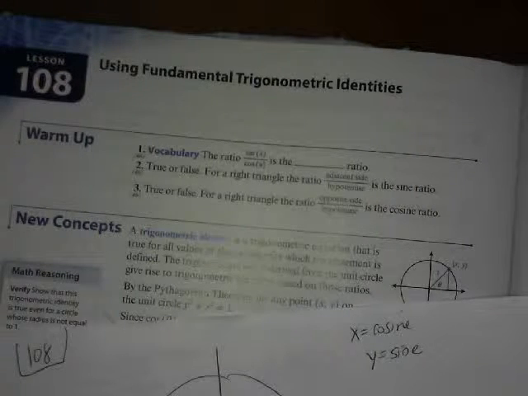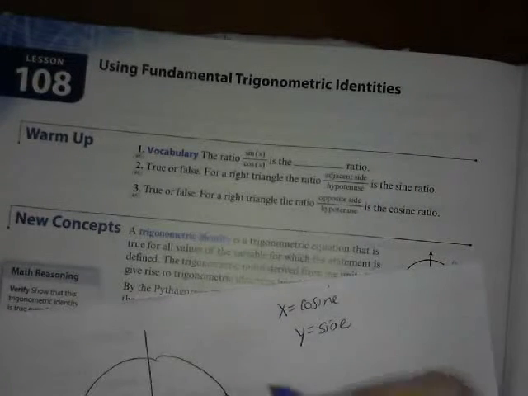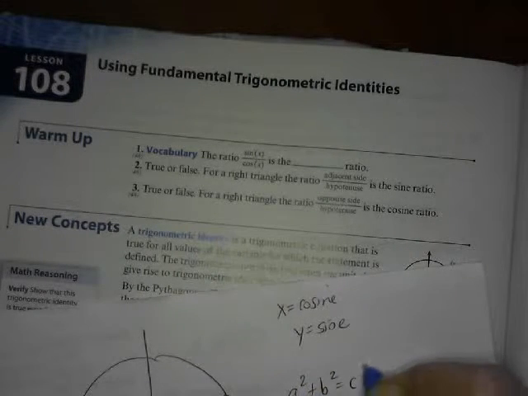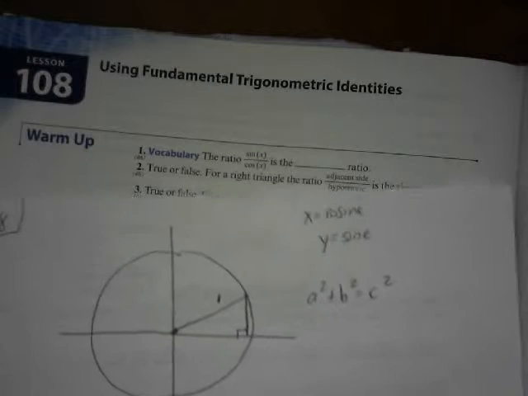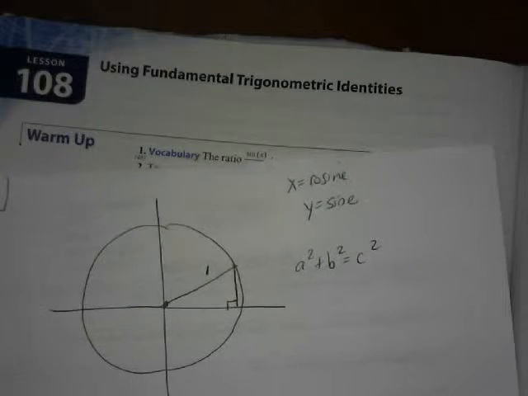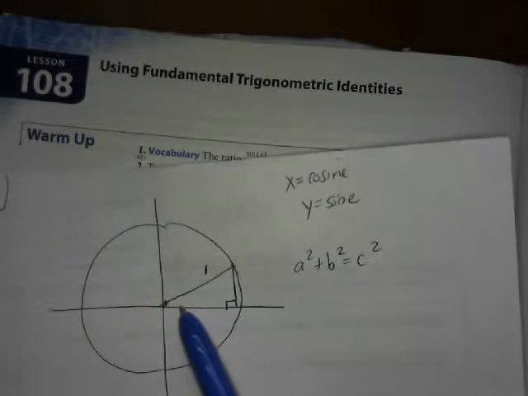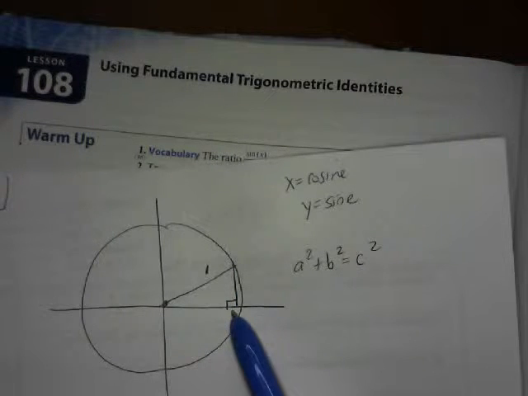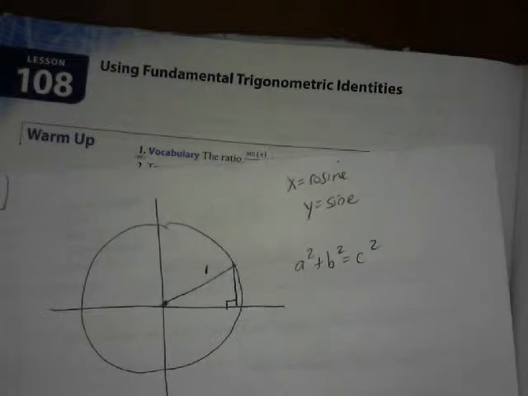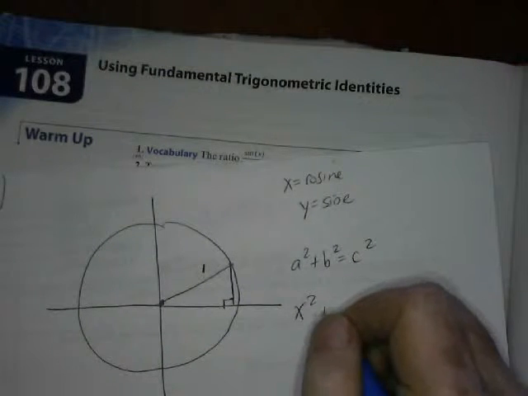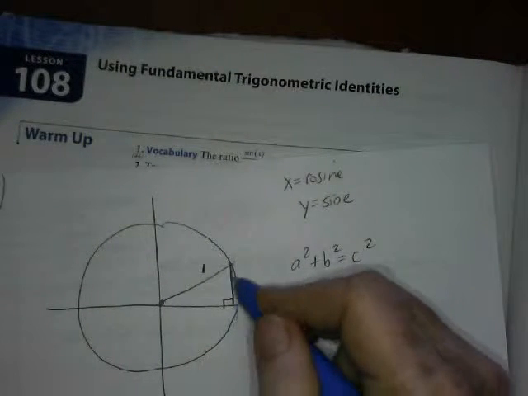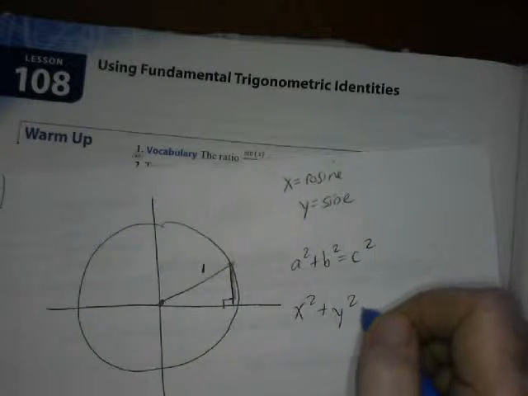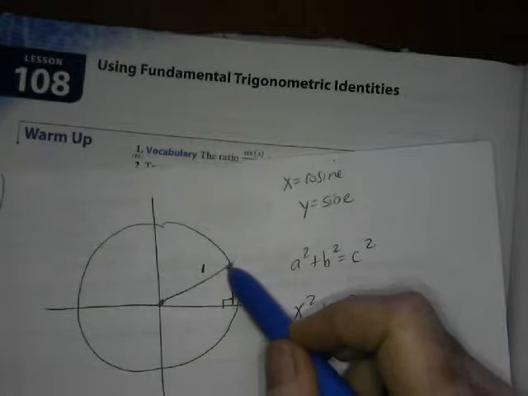Well, guess what? A squared plus B squared equals C squared. That's the Pythagorean theorem, right? But the sides of this triangle are x and y. So I could say x squared plus y squared equals, and what's the hypotenuse on the unit circle?